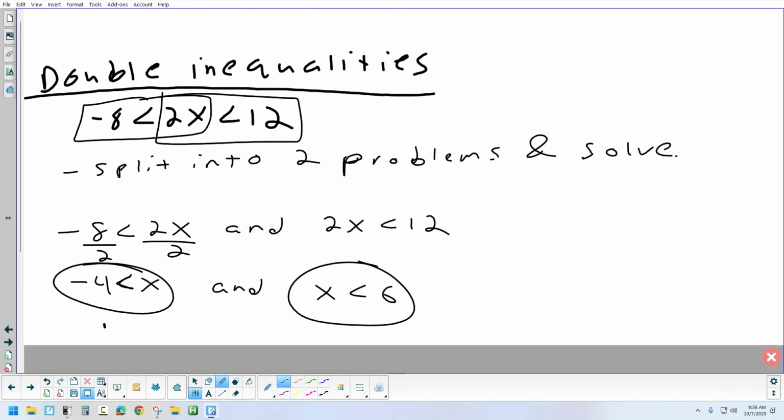And if you're wondering, well, why don't you just solve it the way it is and just divide by 2 instead of splitting it? That would work for this one. The problem is going to be if you end up with x's here and over here, or if you end up with x's in all 3 spots.